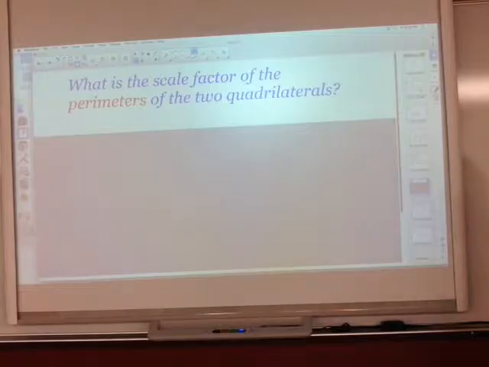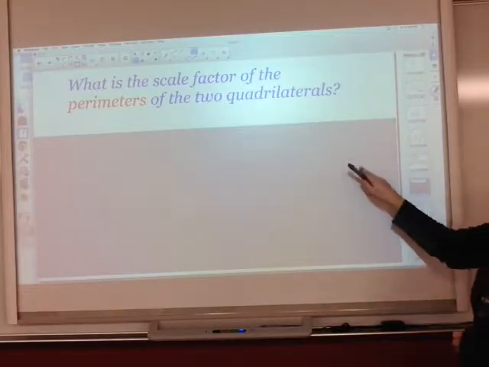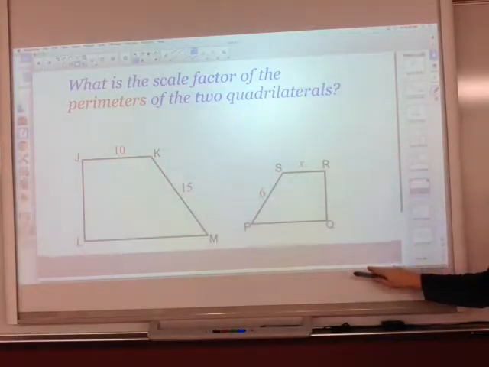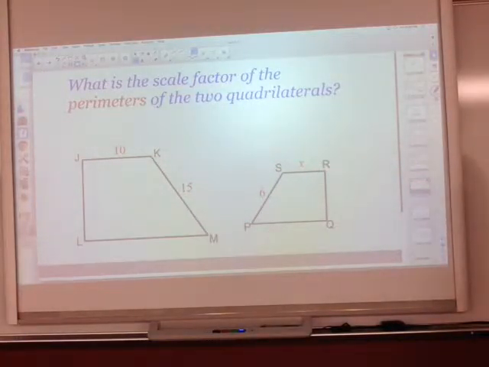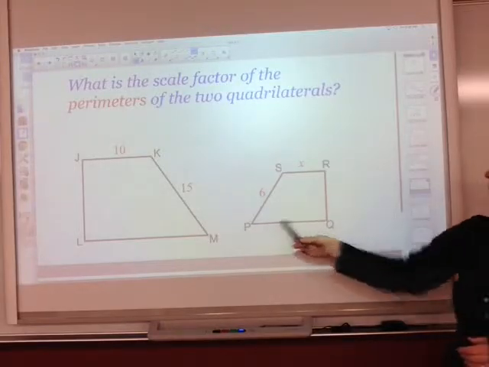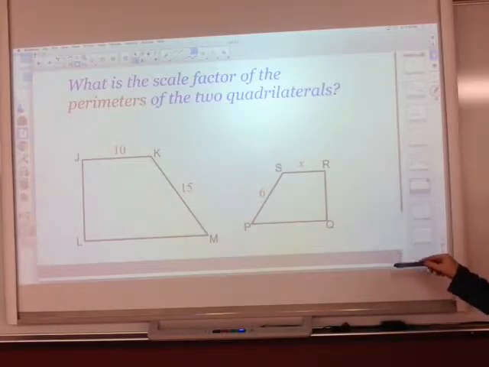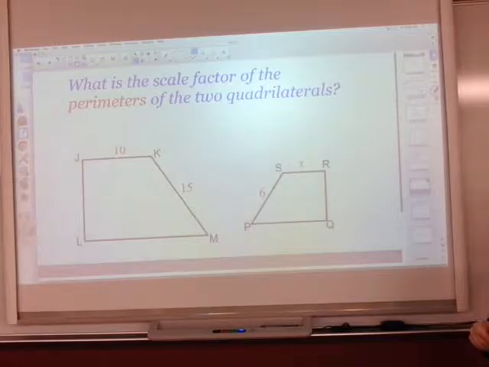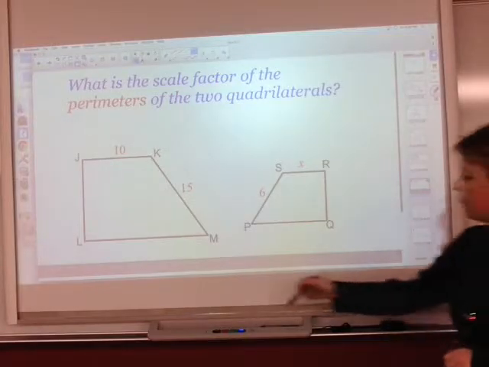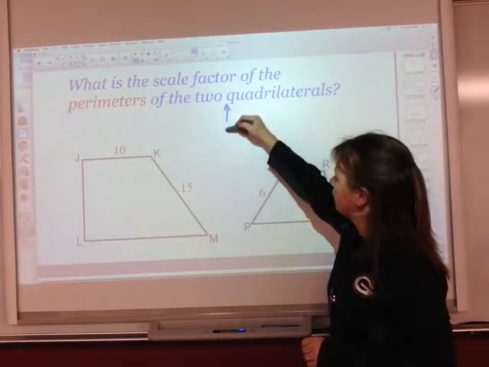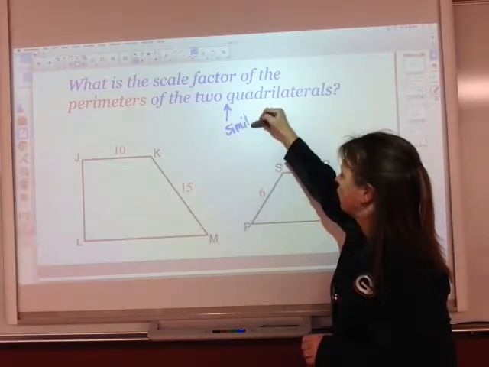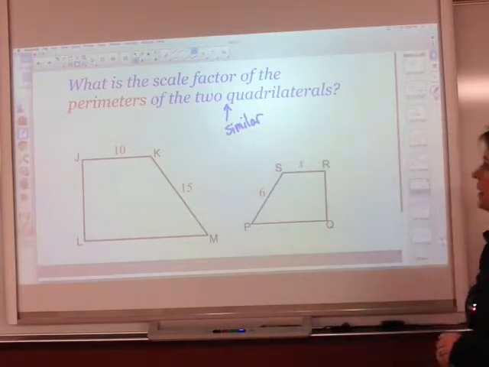All right, let's take a look at the last two slides. What is the scale factor of the perimeters of the two quadrilaterals given here? We don't know the perimeters. They did not give us enough information. We have no idea how big the base of this trapezoid is, how tall the trapezoid is, but what we just found out is the scale factor of two similar quadrilaterals is the same as the sides.